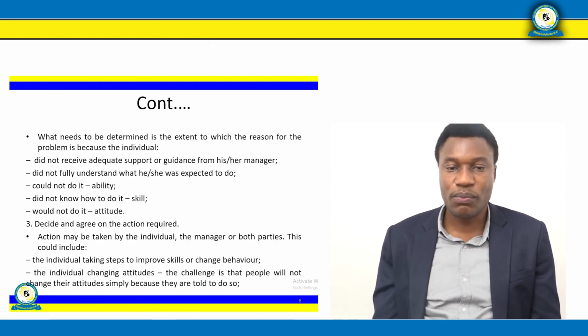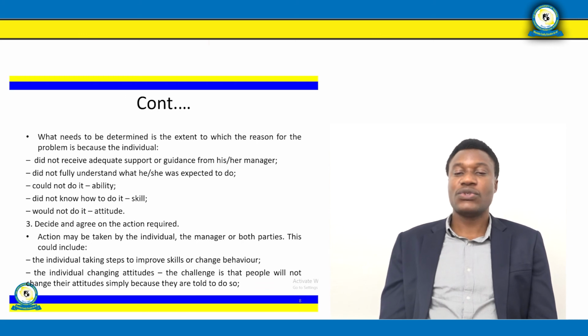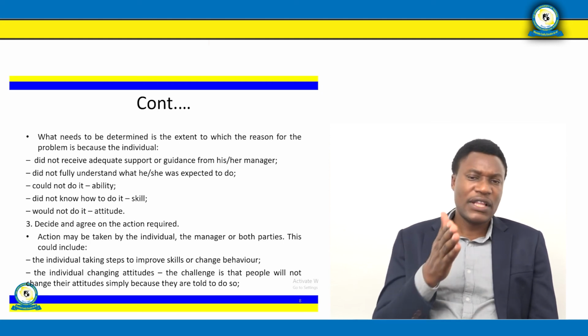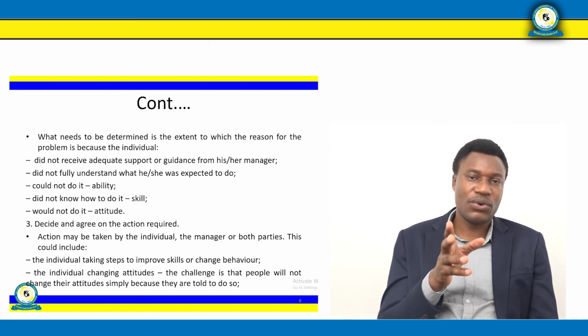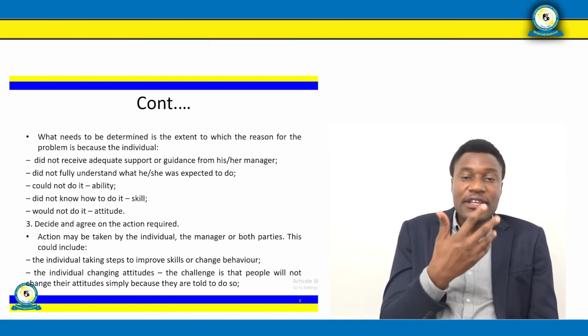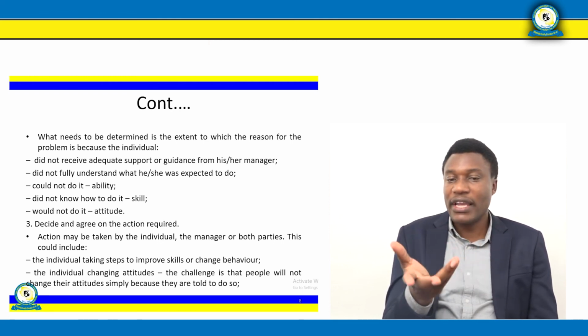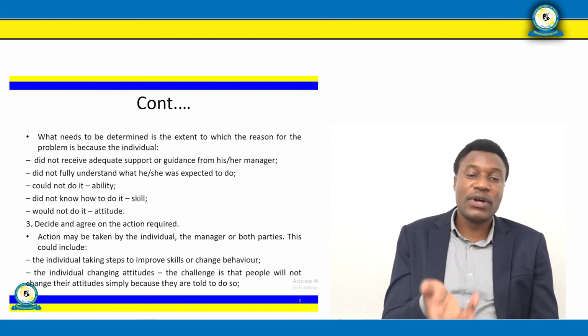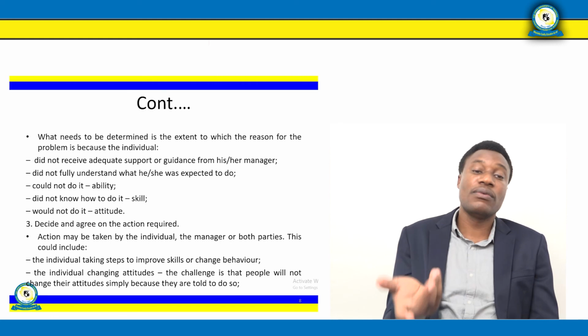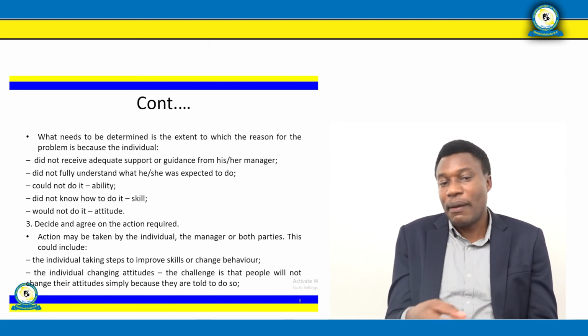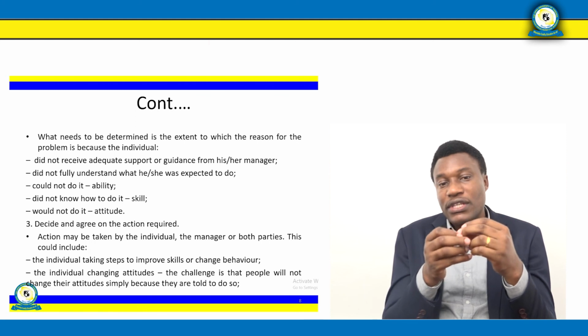What needs to be determined is the extent to which the reason for the problem is because the individual did not receive adequate support. Sometimes we can see the cause of this problem. The individual did not get adequate support or guidance from his or her manager, did not fully understand what he or she was expected to do, could not do it, or the ability, the capacity to perform the work was little.